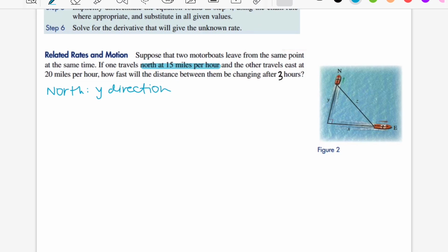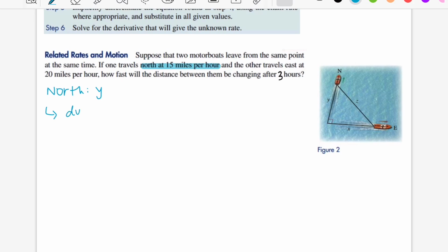And I guess I shouldn't say y direction. North is the direction and y is our distance. So y is going to be the distance from this point that the boat started at to where it is at some given time. So then this tells us if the boat is traveling north at a rate of 15 miles per hour, so this distance here is changing at a rate of 15 miles per hour.